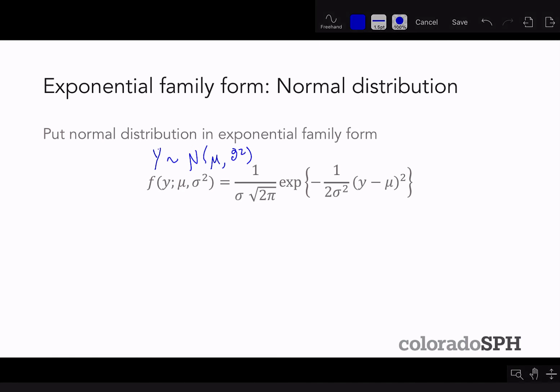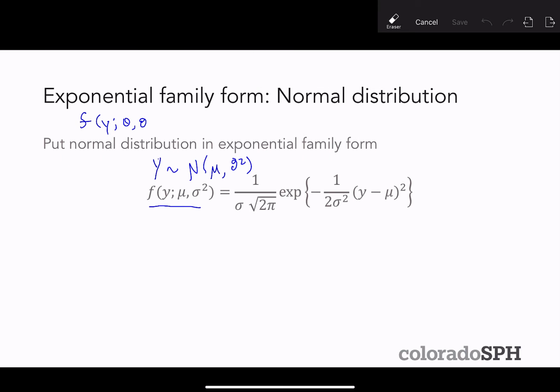It's going to have this PDF with 1 over sigma times square root of 2 pi, times the exponentiated negative 1 over 2 sigma squared times y minus mu squared. And so from the previous slide, the PDF of an exponential family distribution can be written as follows.